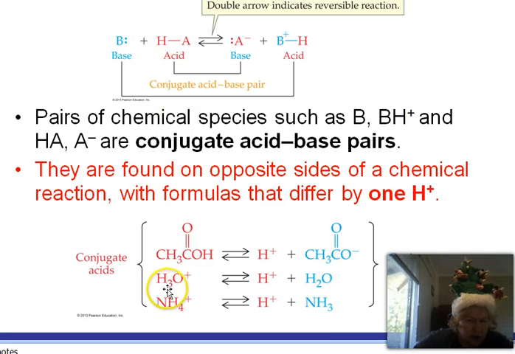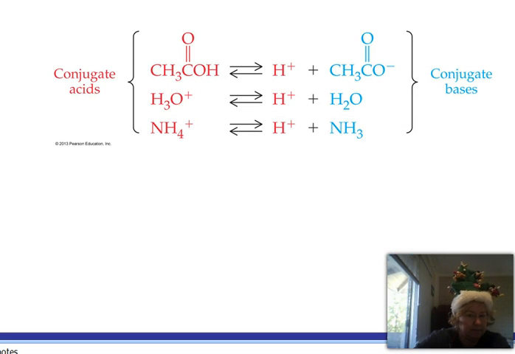You have the hydrogen ion. It gives it up. Here's the hydrogen ion plus this. Does that make sense? We'll work on it, I promise you. Here's some examples. Conjugate acid, NH4+. Conjugate base, NH3. Then there's a hydrogen ion there. Does that make sense?